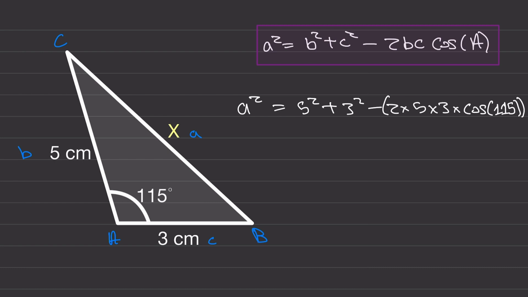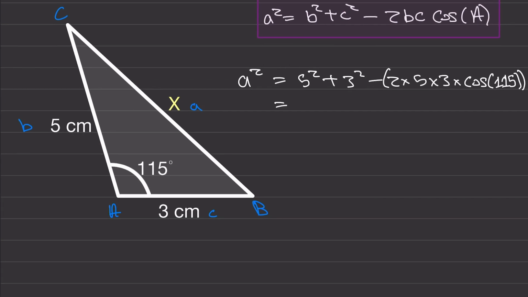Let's see, once we plug these values into our calculator, what we get. 5 squared plus 3 squared minus 2 times 5 times 3 times cosine 115. That equals 46.67.